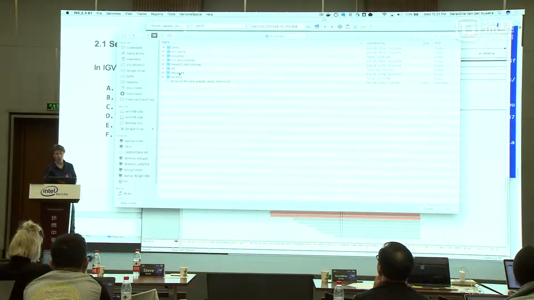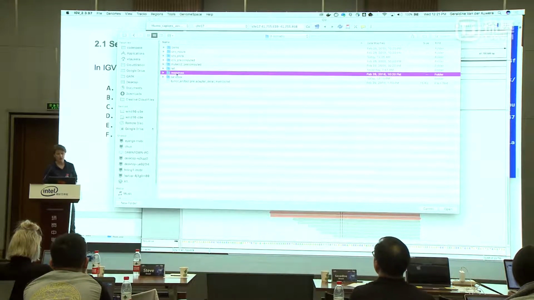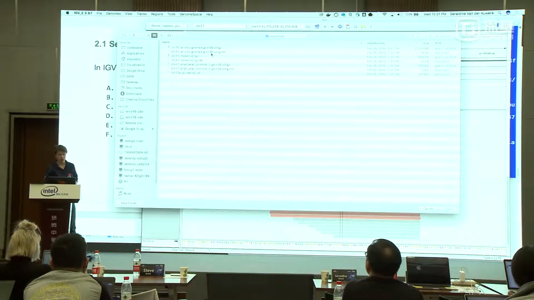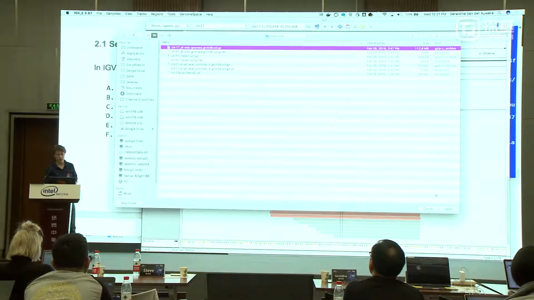And the resources, the panel of normals and the population resource, are in the resources directory of the bundle that he gave you. So you'll want the AF-only gnomAD and the M2 panel of normals.